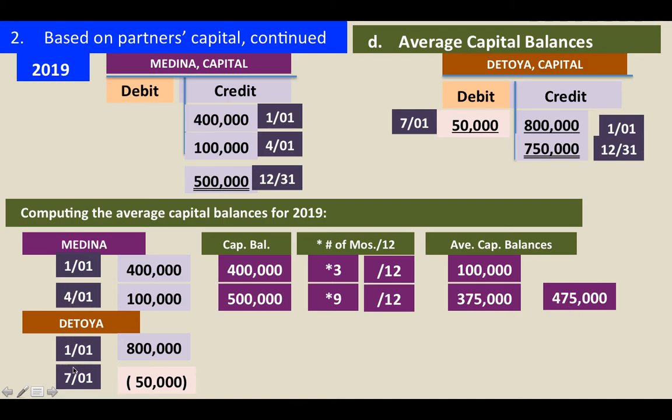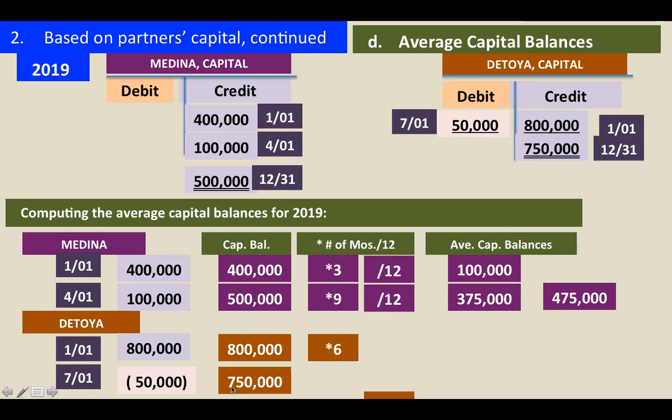For De Toya, you have to do the same. So you have 800,000. This will be up to June 30 because there was a withdrawal on July 1st. So January to June 30, you have 800,000. Then on July 1st, there will be a reduction by 50,000.